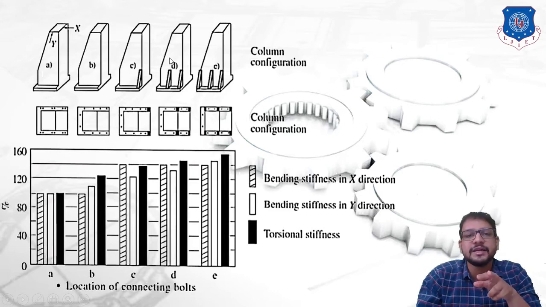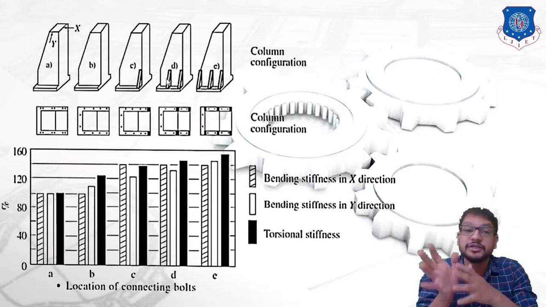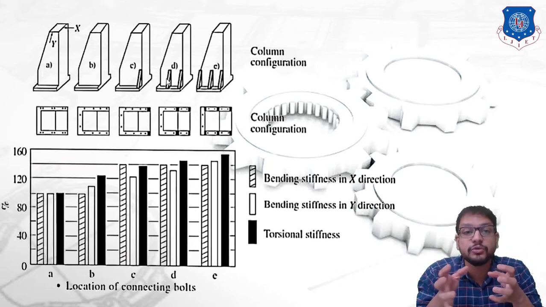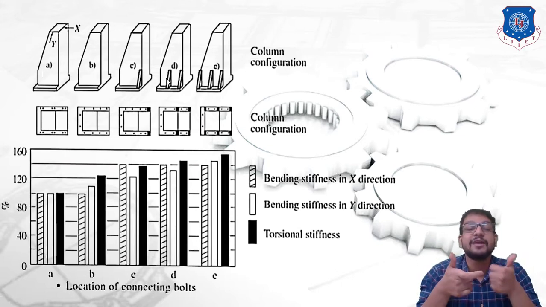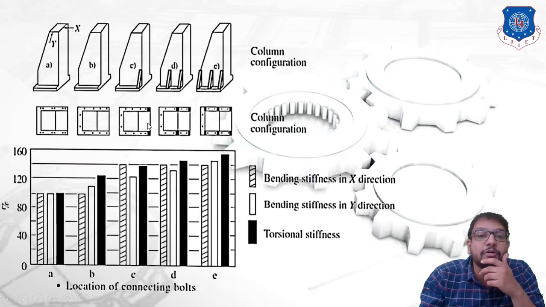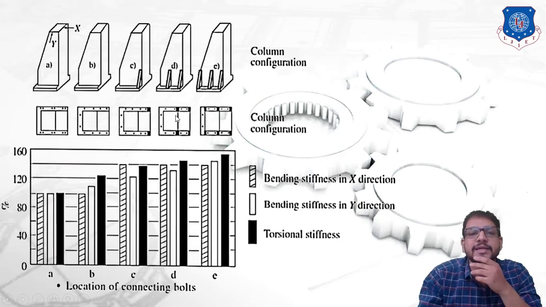Whereas in the fourth case, that is D, you can see two flange ribs, that is flange stiffeners, are provided. Again, this is going to provide more stiffness, so bending stiffness in x and y direction will be increased. Along with that, you can even see the number of fastening bolts is reduced compared to our previous three cases.